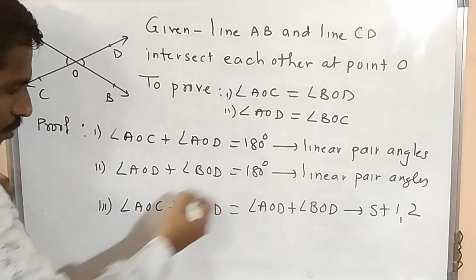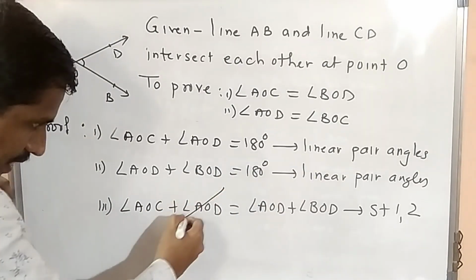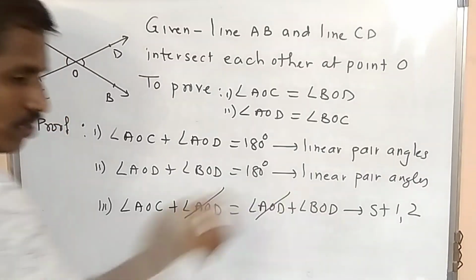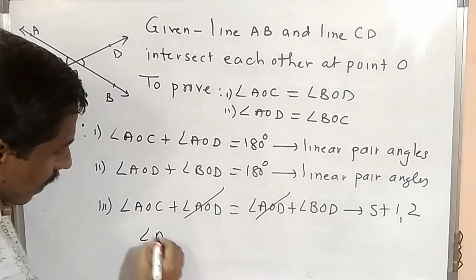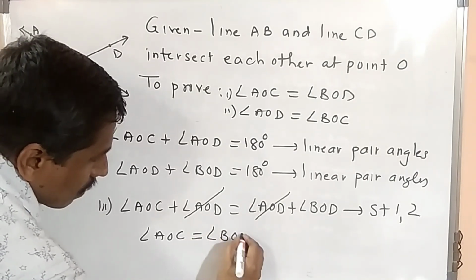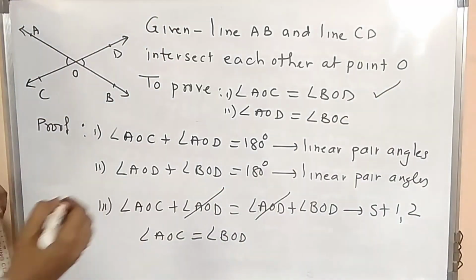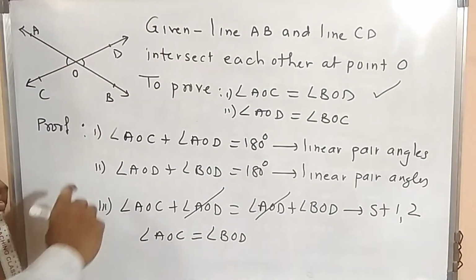Here angle AOD is common on both sides. So subtracting angle AOD from both sides, what will I get? Angle AOC is equal to angle BOD. It means I have proved the first part of this proof.